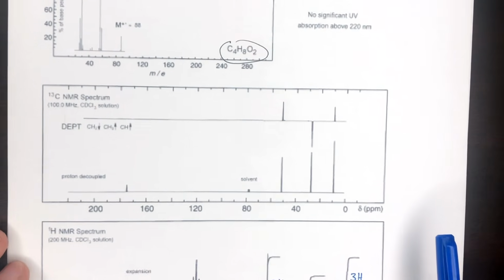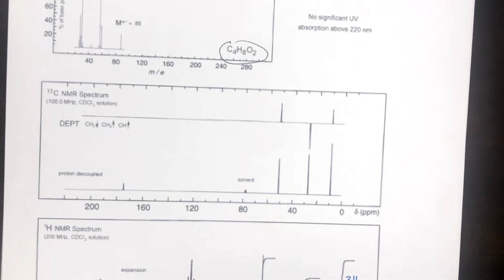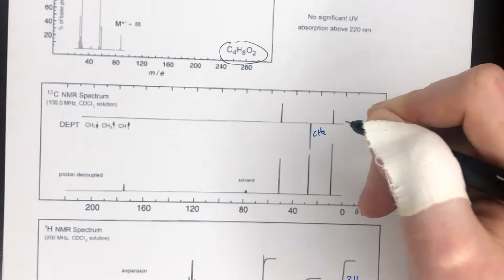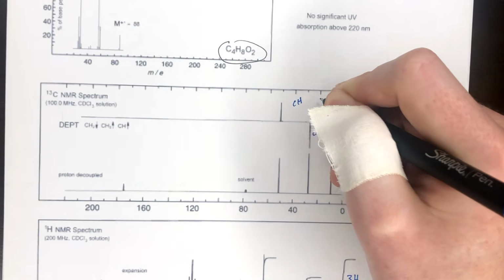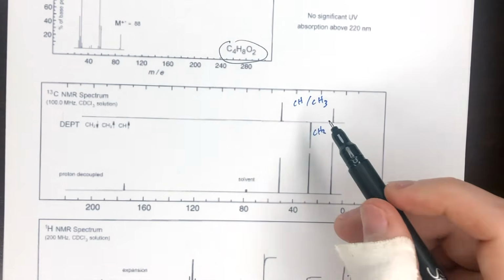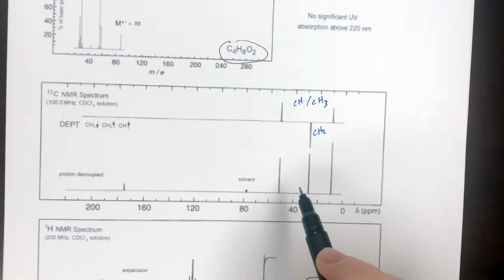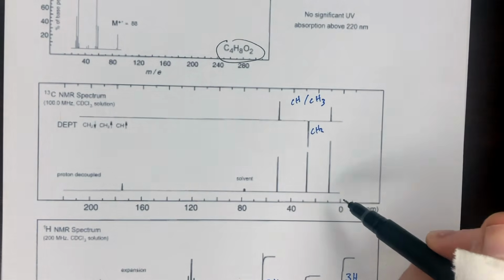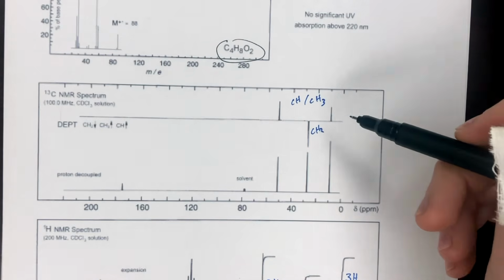So with that, we have the DEPT spectrum here. So again, the down signal here is a CH2, and then these can either be a CH or a CH3. And what we can tell right away is that this is about 50-ish, 52. This is much more deshielded than our one here at like 10.